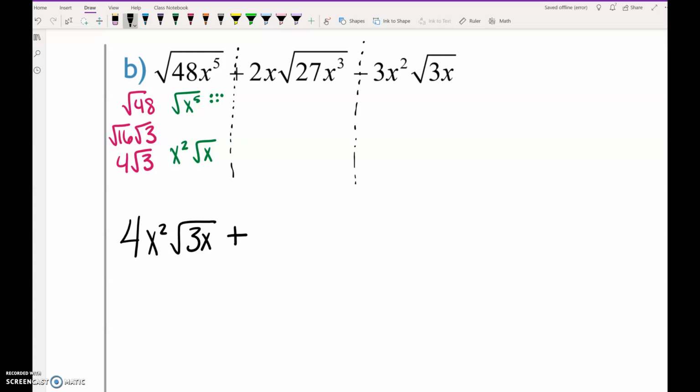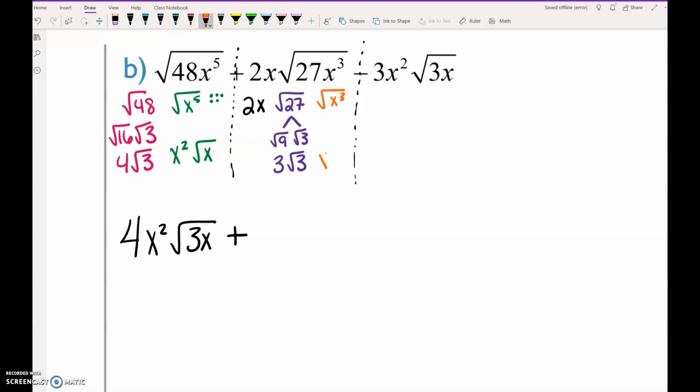Okay, on this next one, we have 2x that we're not going to do a whole lot with. We need to break down the square root of 27 and the square root of x to the 3rd. Square root of 27. Yep, 9 and 3. Square root of x to the 3rd.